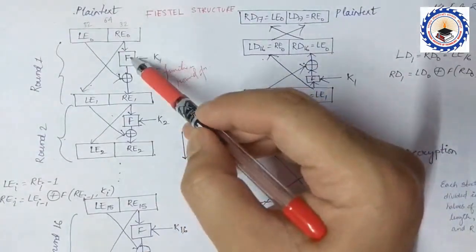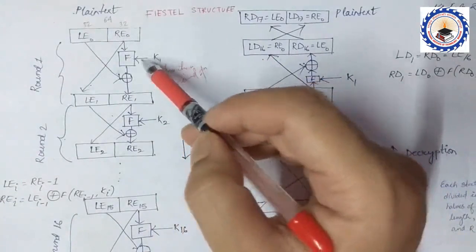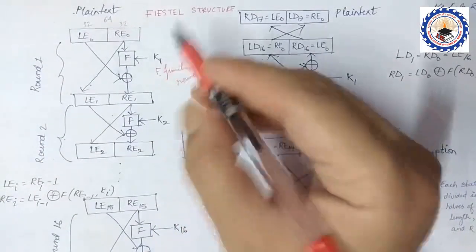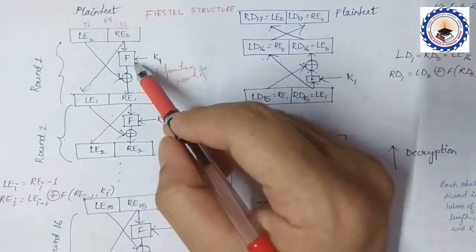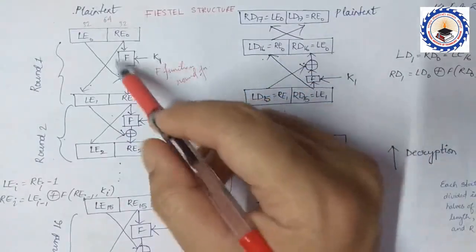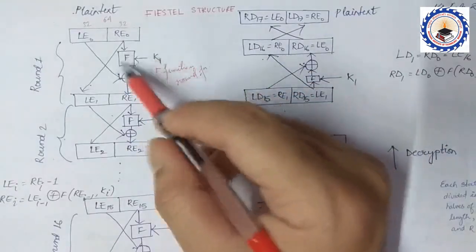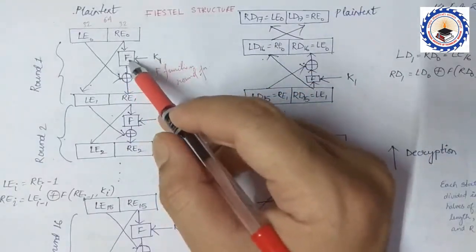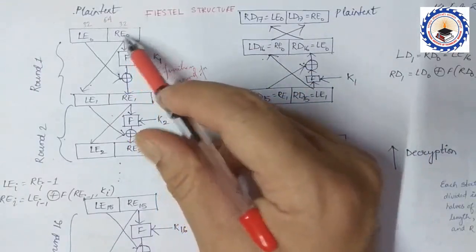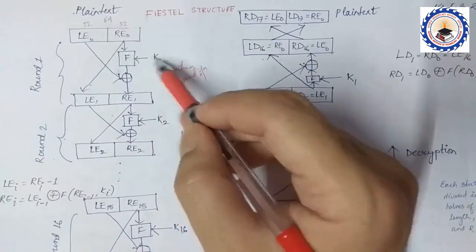This is the input to F, and also the key K1 is input to this F. Suppose this is a box where we have to perform some operations. What are the inputs? The inputs are the right hand side and also the key.